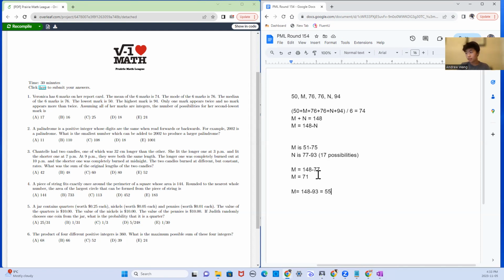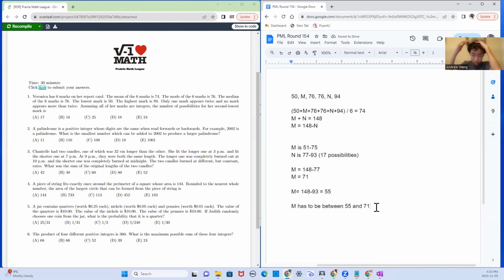So this now tells us the M range, given the 17 possibilities for N. When N is the smallest, M will be the largest. And when N is the largest of these 17 possibilities, so when N is 93, that gives us the smallest possible M value. So M has to be between 55 and 71.